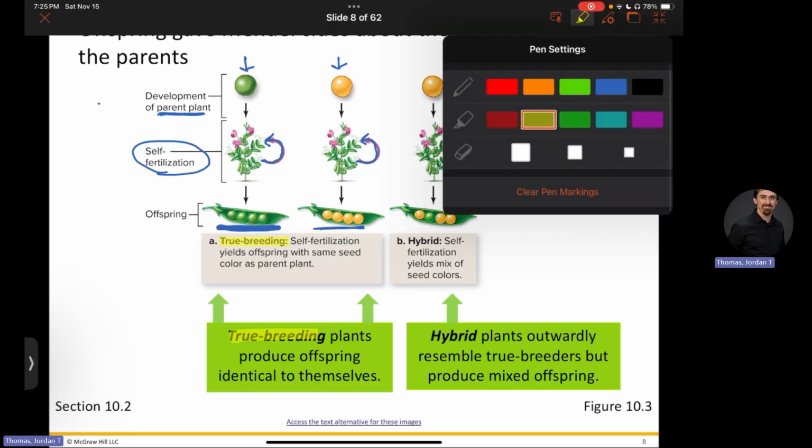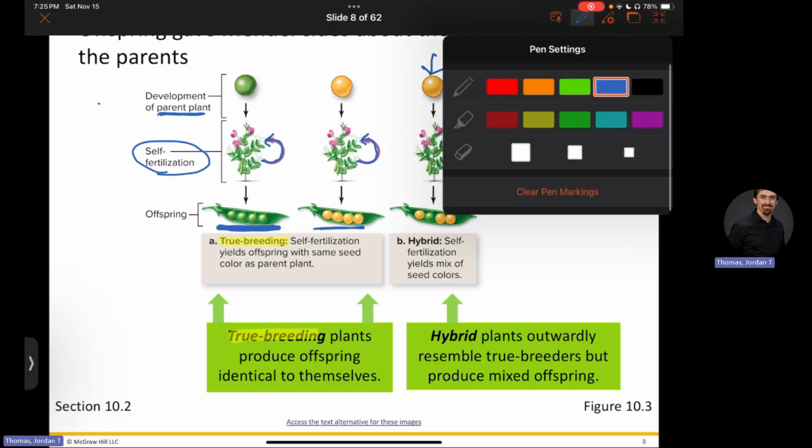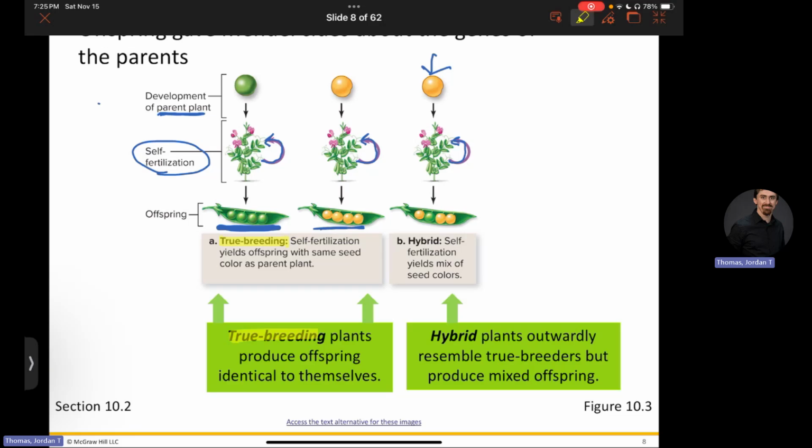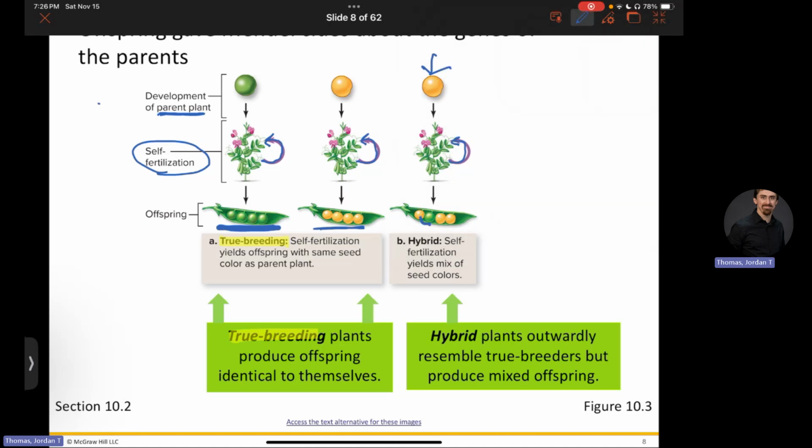And the last example, I'm going to get my eraser real quick. Erase those. And there's the last example here. We take that yellow seed, self-fertilize, but we get two different seed colors. We get one green. So notice how in this we have one green seed here. This tells us that this is a hybrid.